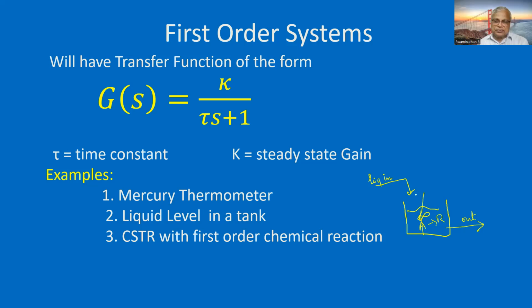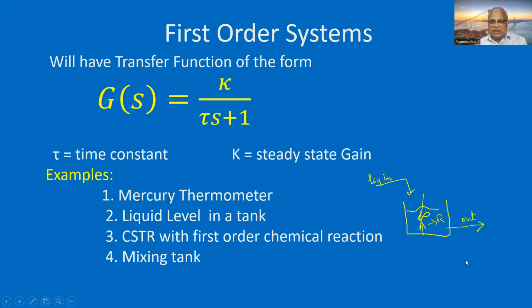Suppose this is the CSTR, with feed in and product out. There is a stirrer, and the chemical reaction takes place inside. But the reaction should be a first order chemical reaction. Then that will be an example of a first order system.